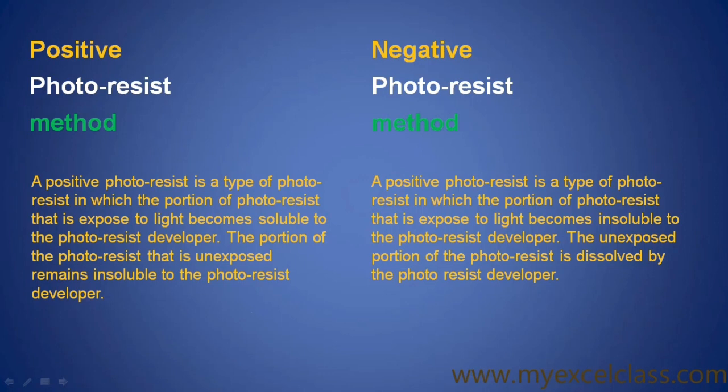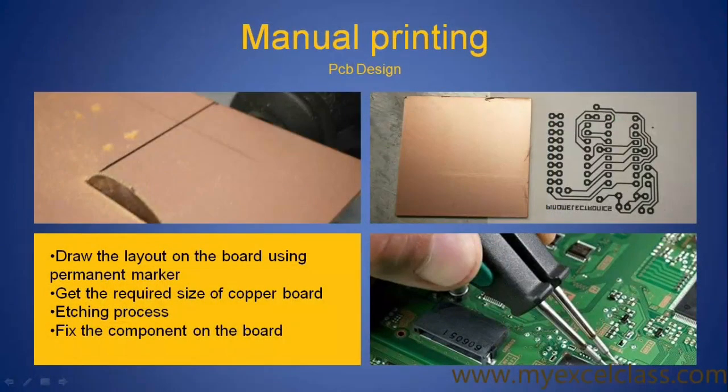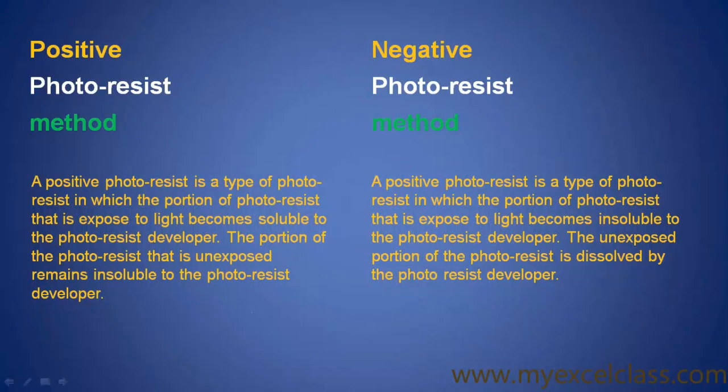This line is very important. The portion of the positive photoresist that is unexposed remains insoluble to the developer. That is the positive photoresist method. The unexposed photoresist here remains the same.